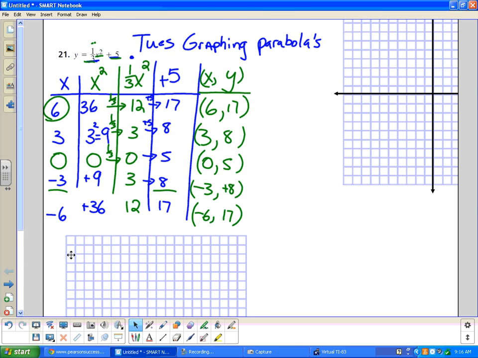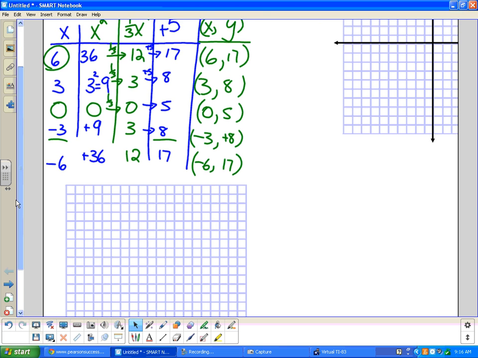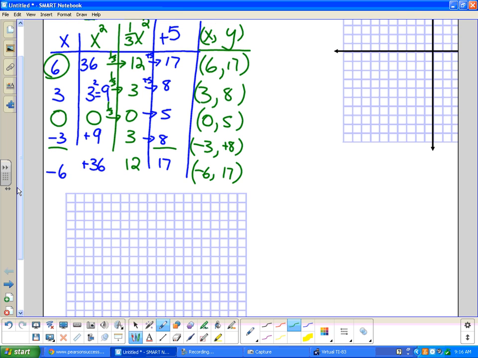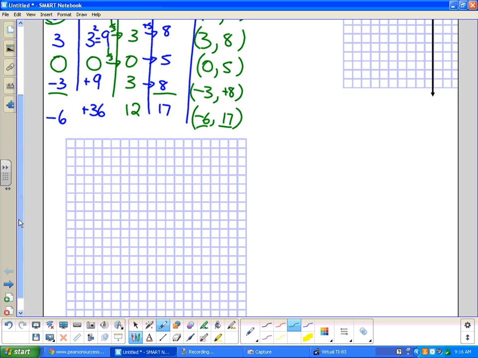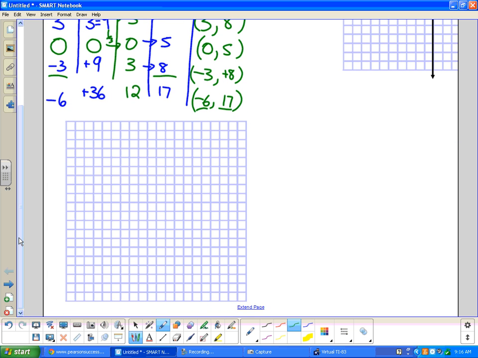So what does that mean? Well, our lowest value is -6 on the x. Our highest is 17 on the y. So when we draw our xy axes, and for the homework also, you're going to want to scale it.